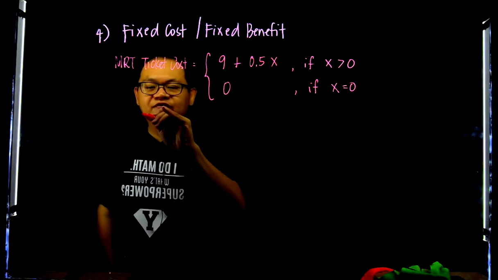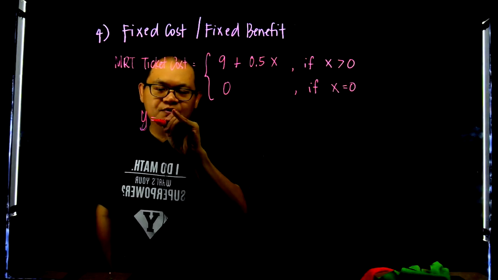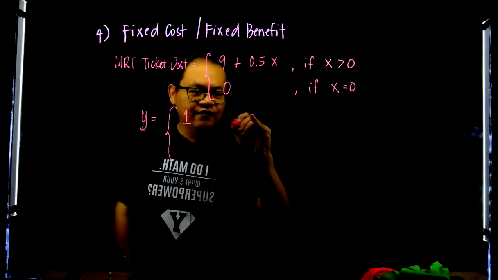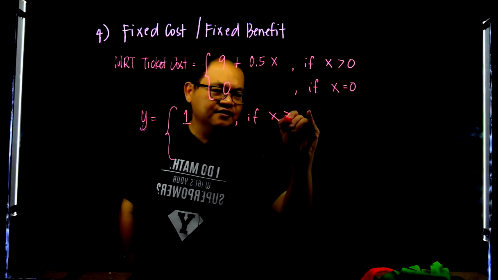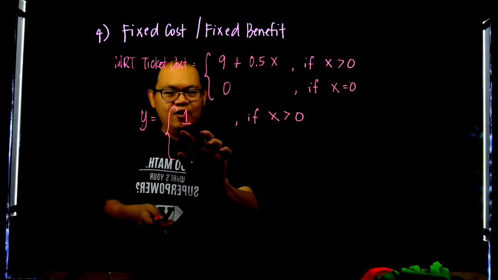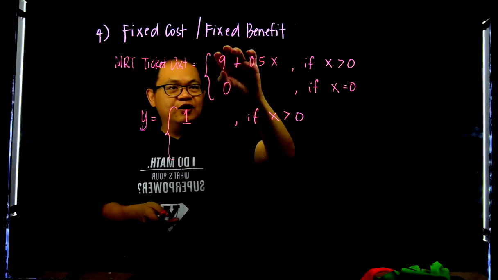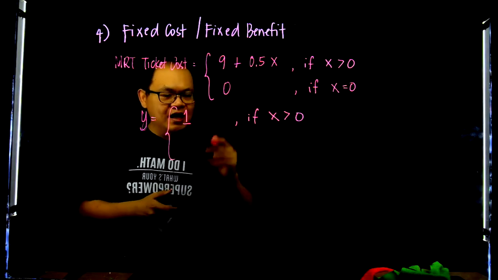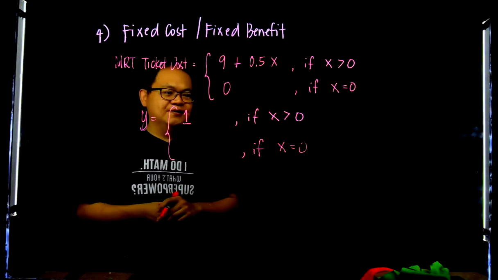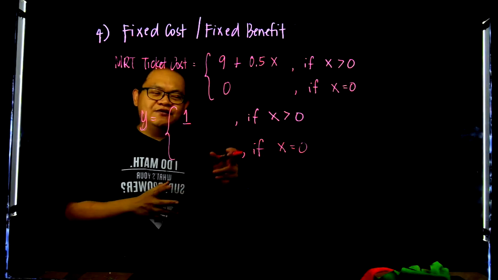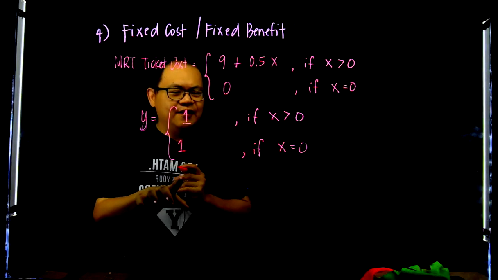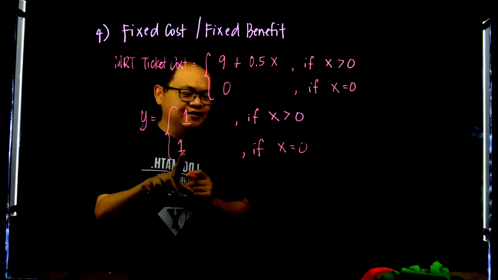Now, we will define y to be equal to still a split function, 1 if x is positive. So what does this mean? If you ride the MRT, y, or the binary variable which we will attach to the fixed cost, should be 1. However, if you don't ride the MRT, imagine this, if you don't ride the MRT, you can technically pay the fixed cost, right?